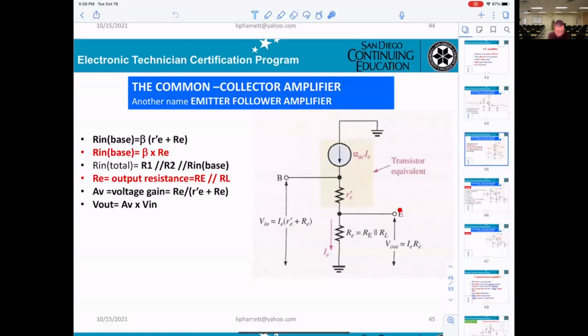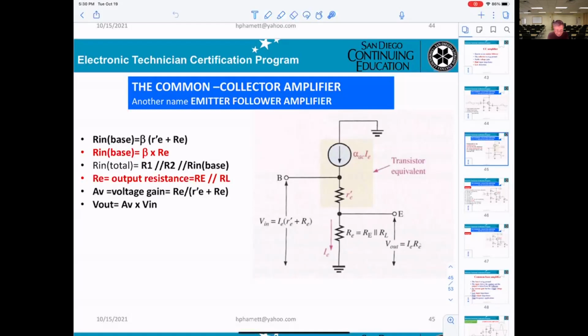For the output, this is the output here, and this is the output impedance. But here they're using R small e. That means AC resistance.